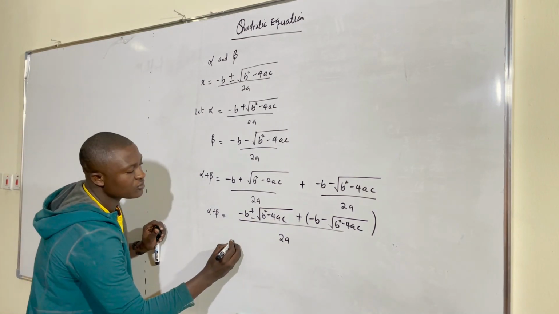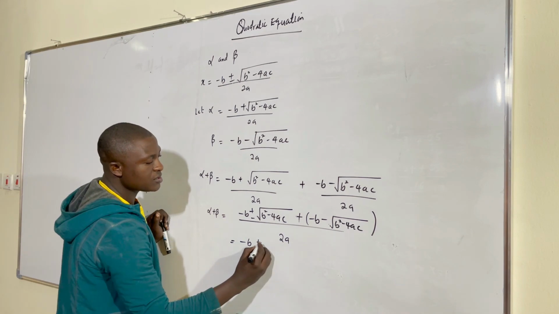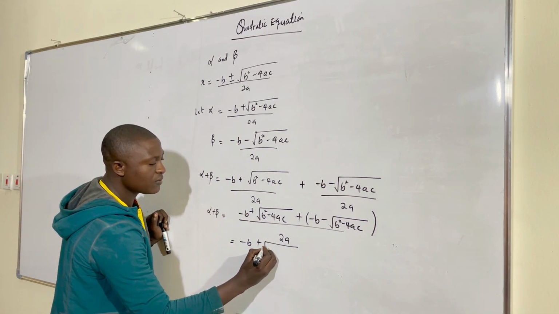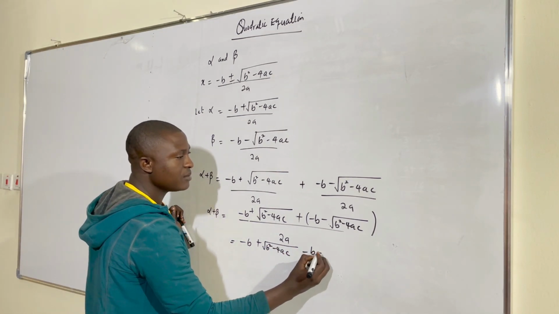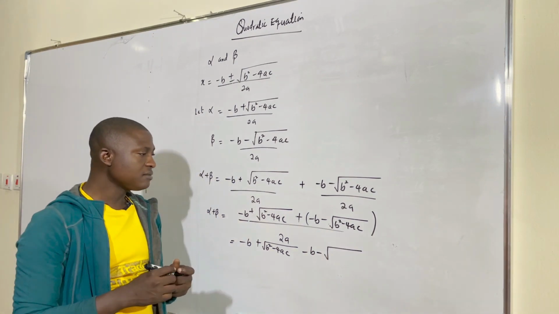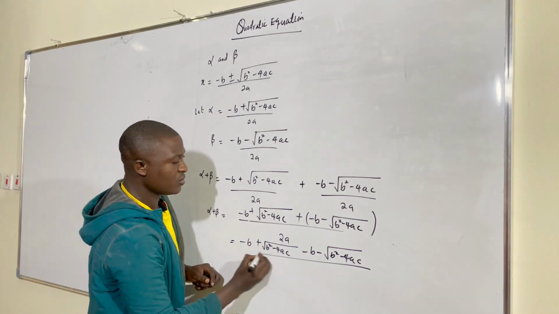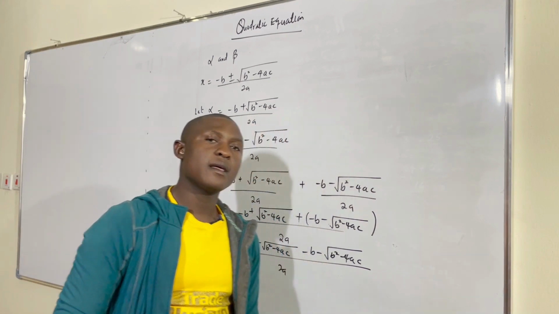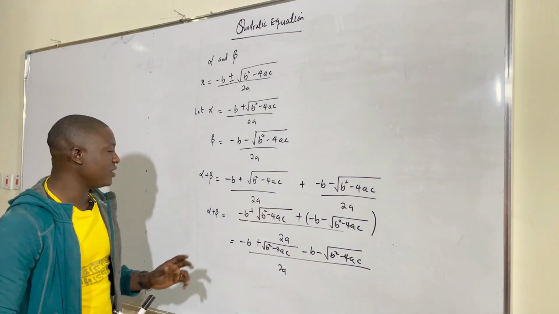So here I can have this one to be minus b plus the square root of b squared minus 4ac, minus b minus the square root of b squared minus 4ac, over 2a. With this, let's firstly finish this one before we derive the other one.